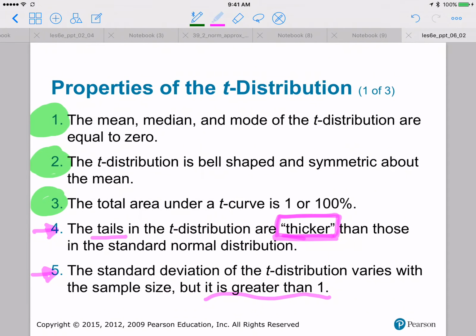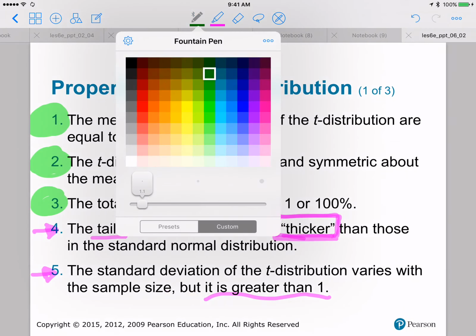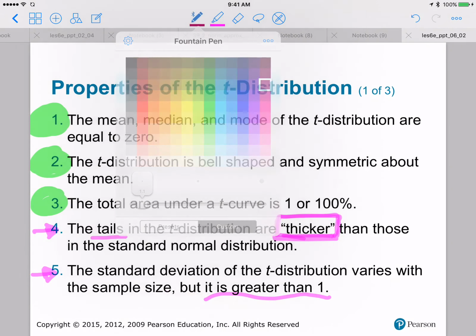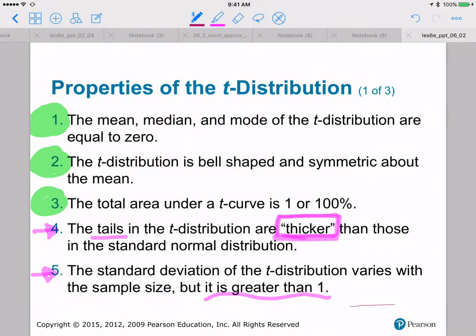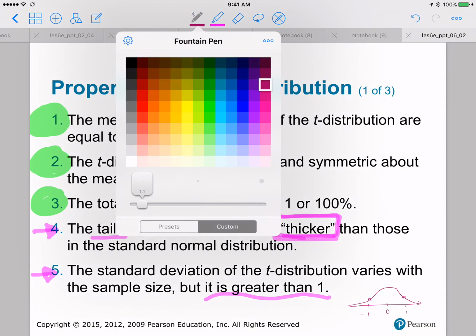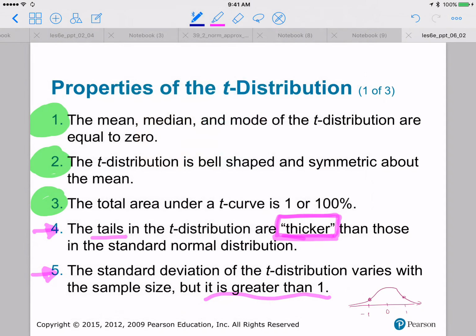Let me explain this with a picture. If we have the standard normal, with your mean at 0 and your inflection points at 1 and -1, what we're saying is that for a t-distribution, which I'm going to draw in blue, the inflection point is always further out.